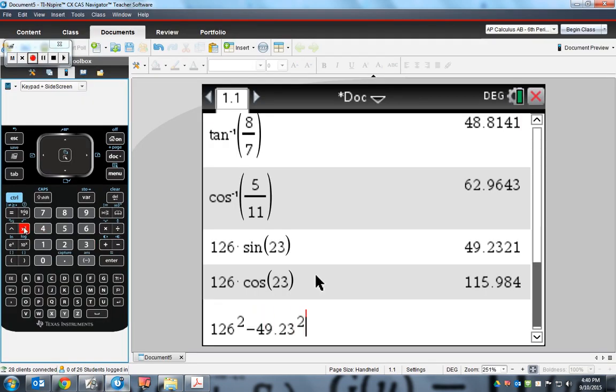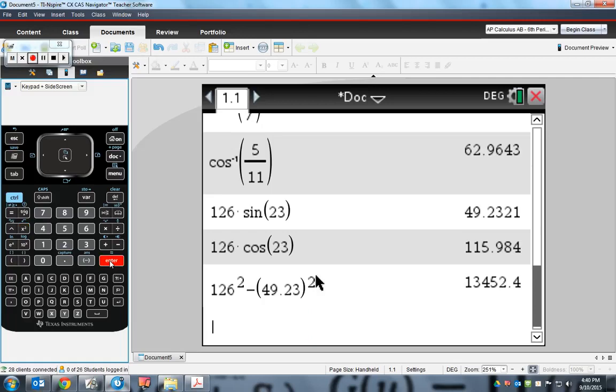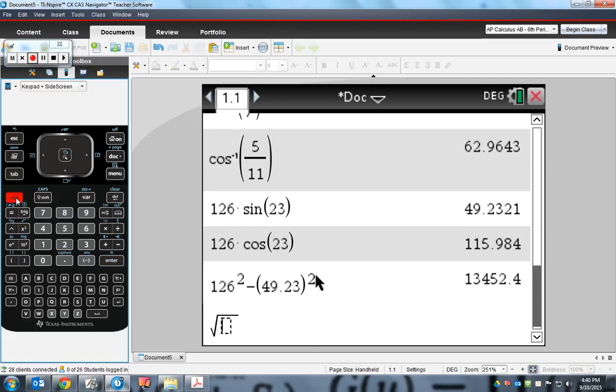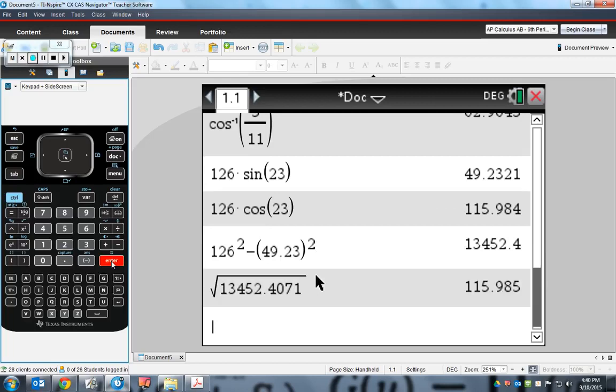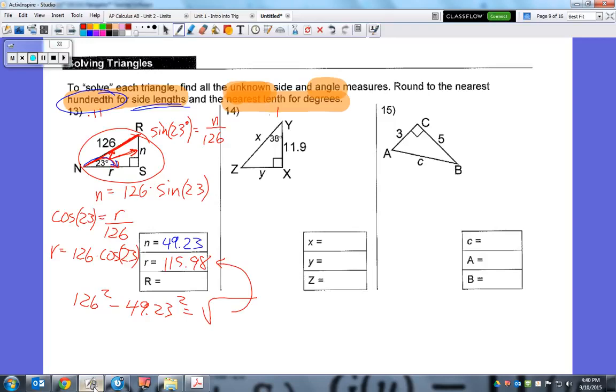Now again, this is the rounded answer, and when I get that answer, I'm going to square root it. So Control and the negative button will give you that answer, and then I'll Control Enter, and I'm 1/1000th of a point off. And that's as close as I want you to get in calculus. You'll only be allowed to be 1/1000th off. If you're more than that, it will be wrong for the answer part.